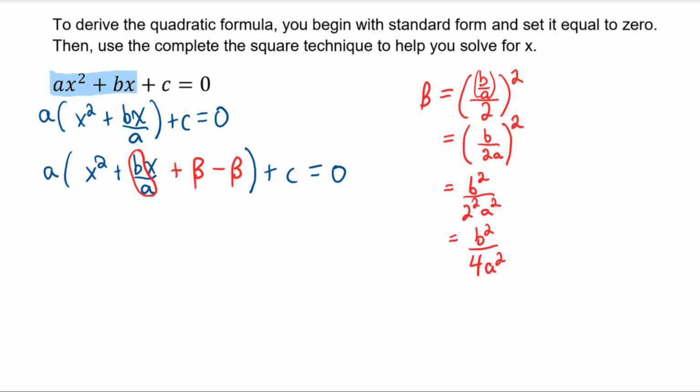All right, so now we've got x squared plus b over a x plus our b squared over 4a squared minus b squared over 4a squared plus c equals 0.